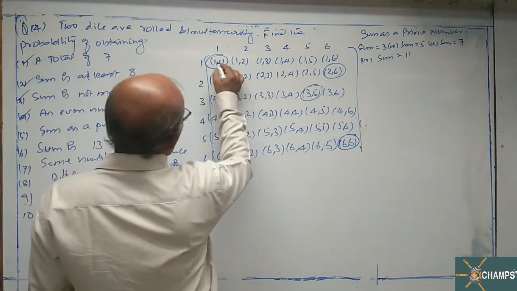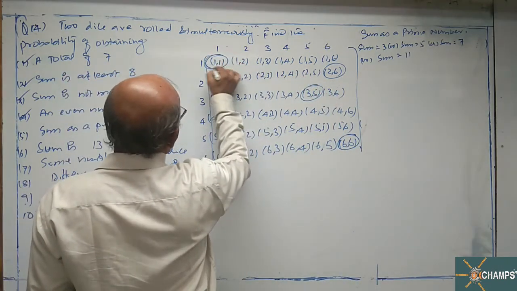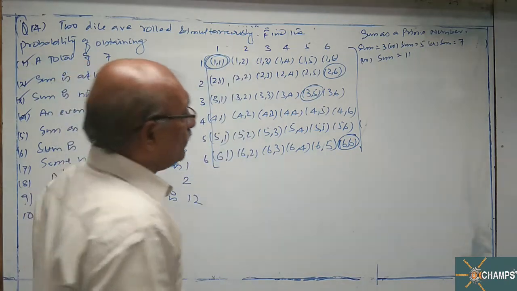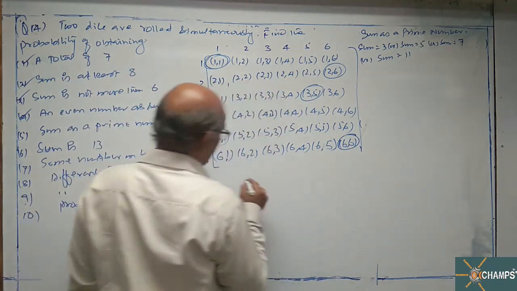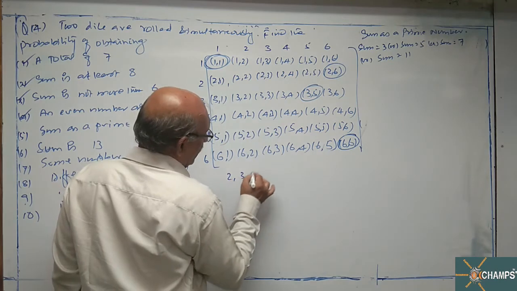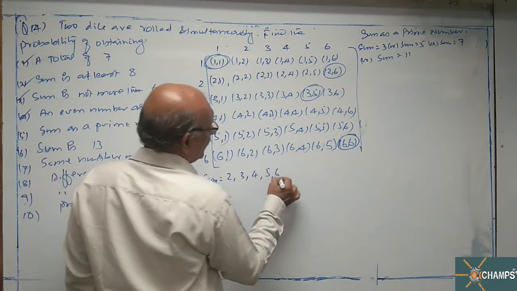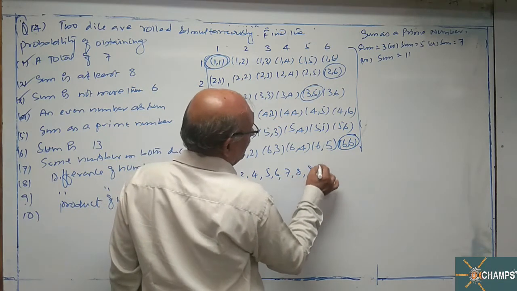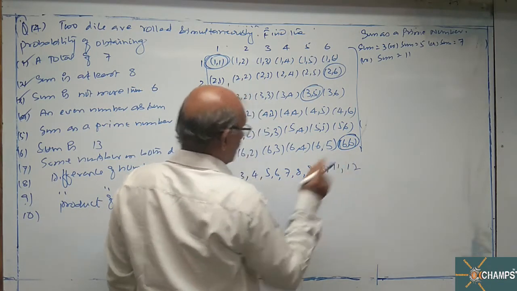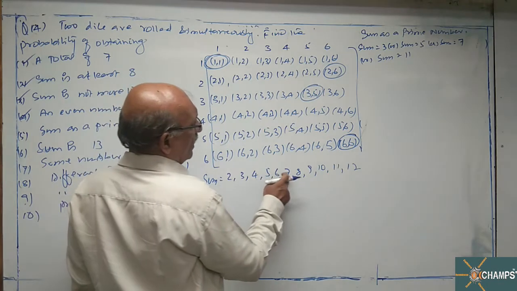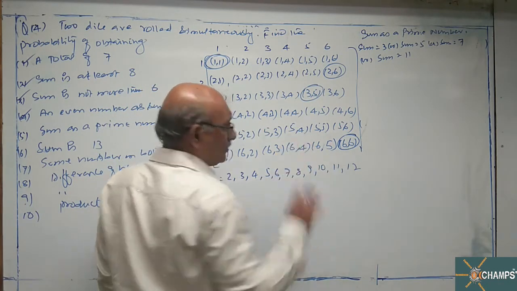Look at this, because least value of sum is 1 plus 1, 2. Maximum value is 12. So sum means 2, 3, 4, 5, 6, 7, 8, 9, 10, 11, 12.